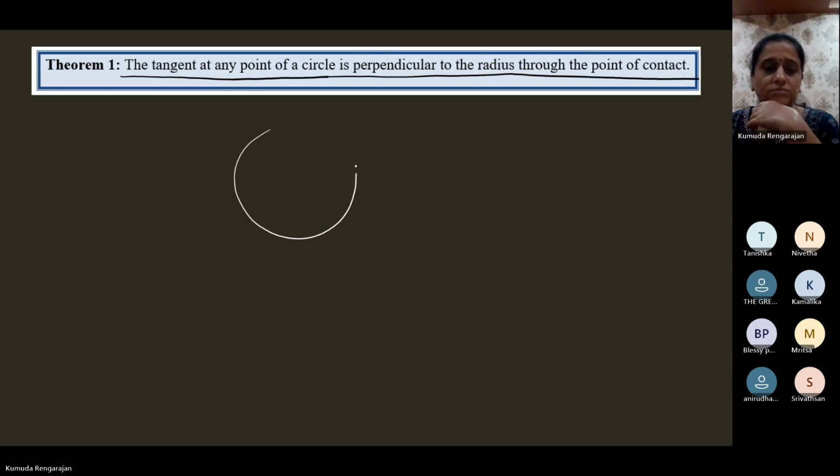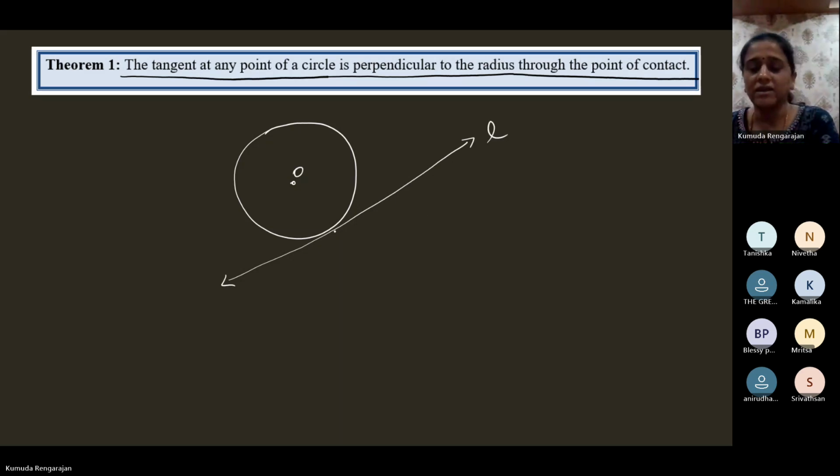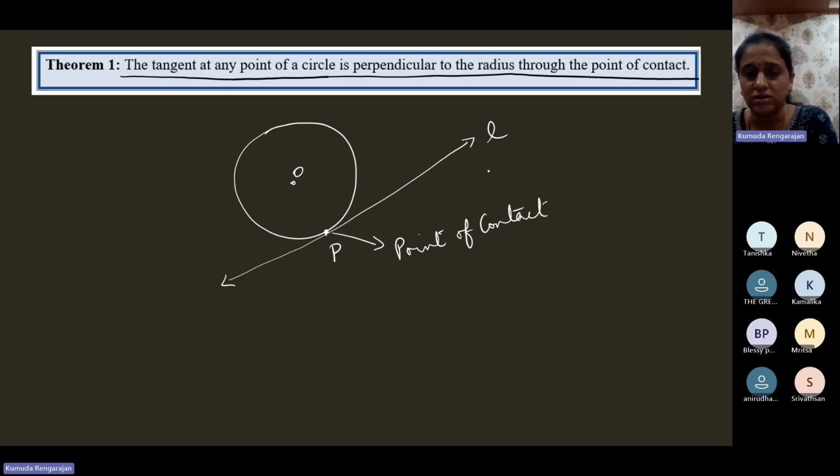Circle, center O, line L touches the circle at P. So L is a tangent to the circle at P. P is called the point of contact. The point where the tangent touches the circle is called the point of contact.